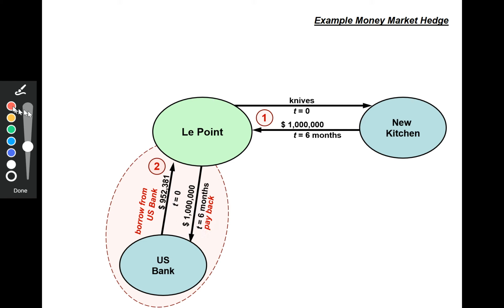In other words, this $1 million that comes from New Kitchen goes directly to the bank, and we don't have to worry about dollars if we are a foreign firm, the Swiss company, foreign to the dollars.